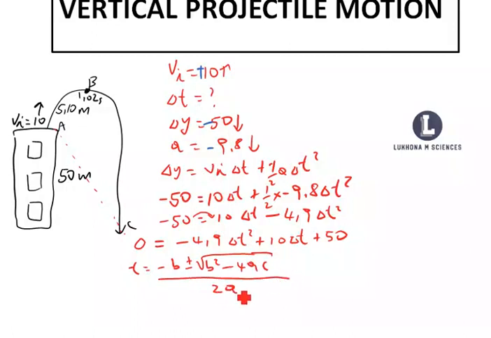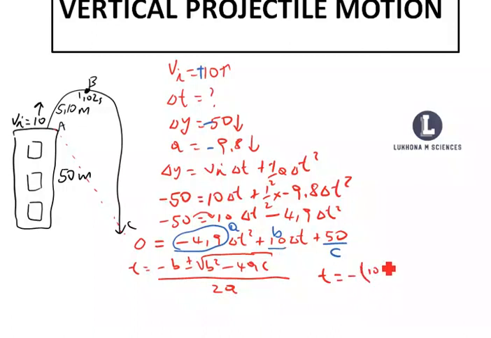So this one is a, this is b, and this is c. Okay, now we can just substitute. So t is equal to minus b. B is 10.